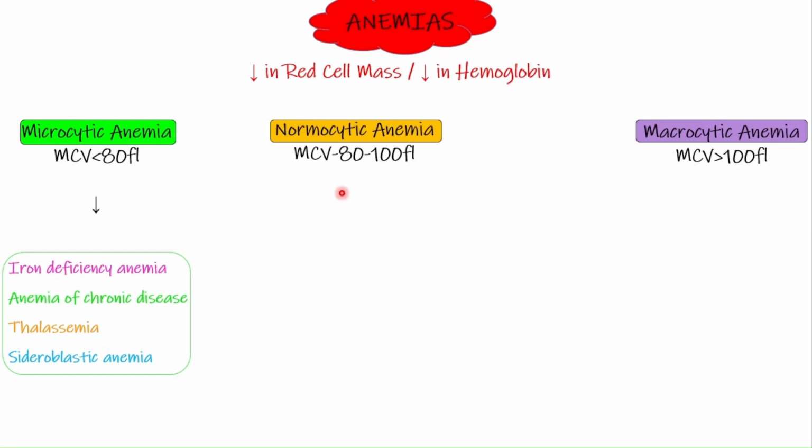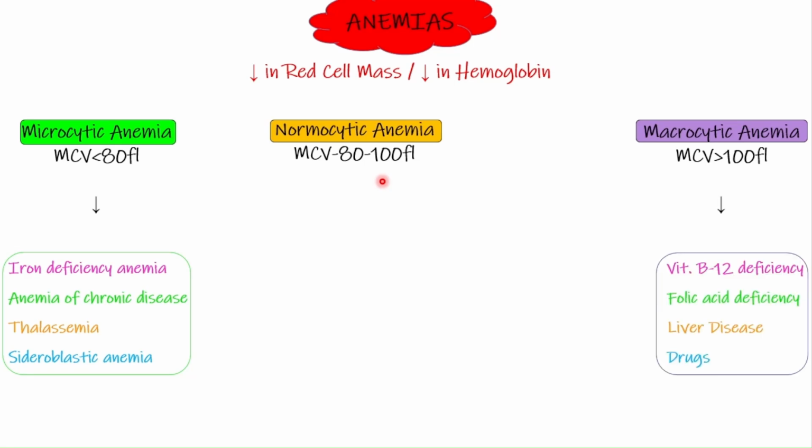Then we have normocytic anemia. But first let's discuss the macrocytic anemia. In macrocytic anemia, we have vitamin B12 deficiency, folic acid deficiency, liver disease, and drugs. We have discussed vitamin B12 and folic acid deficiency. Basically, in these deficiencies, there is a defect in the maturation of the red blood cells.